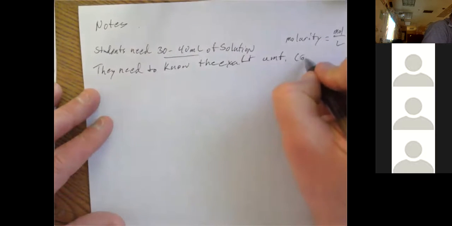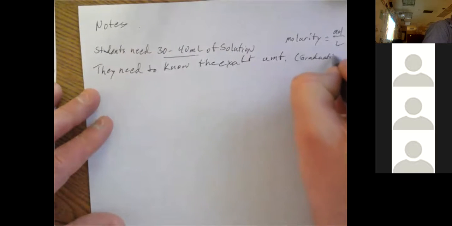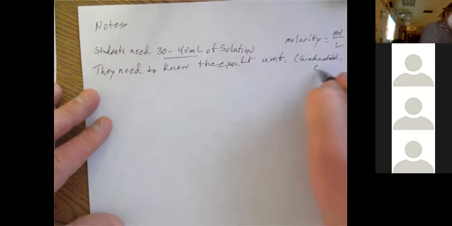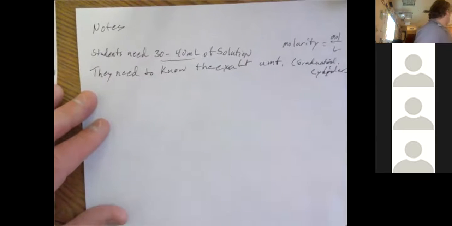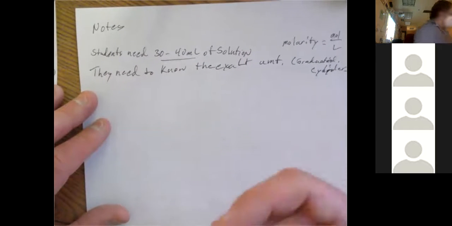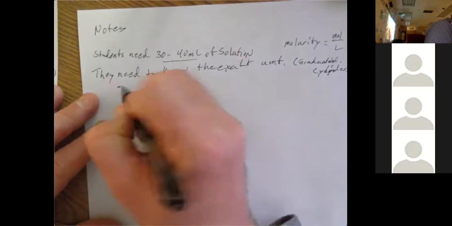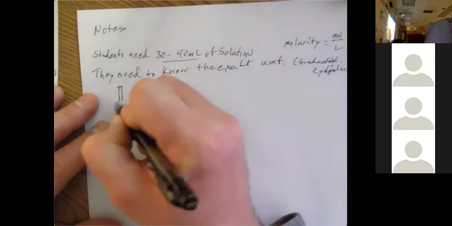And that means we're using a graduated cylinder. And I'll show you a graduated cylinder in a few seconds. How do you spell cylinder? So I'll show you how that works. Has everybody in here used the graduated cylinder before? Graduated cylinder is the big long one like this.